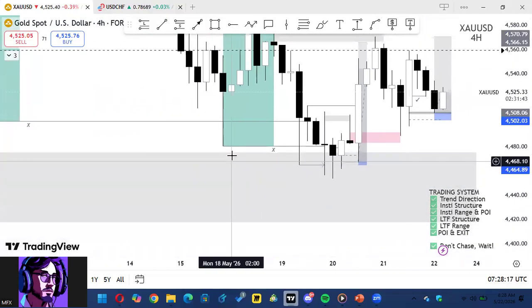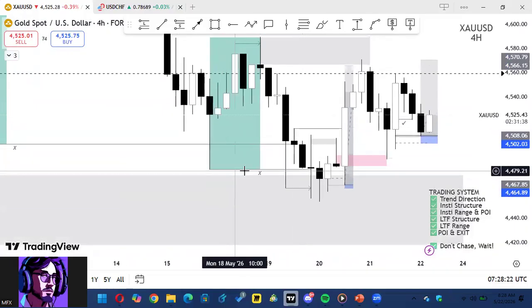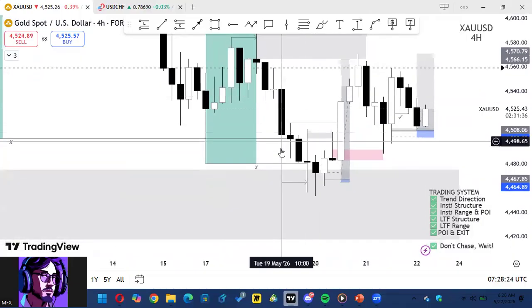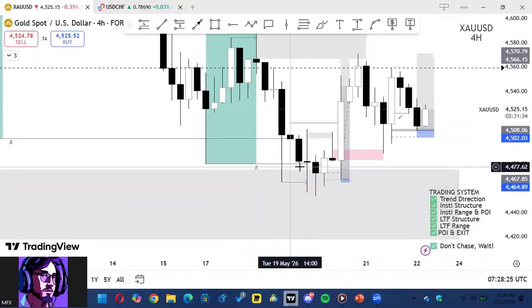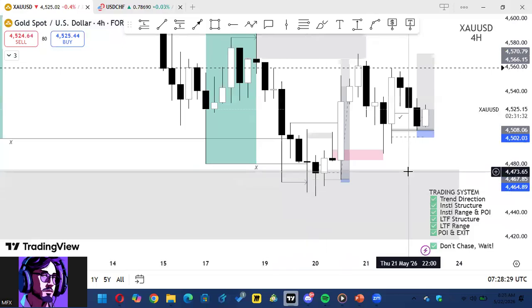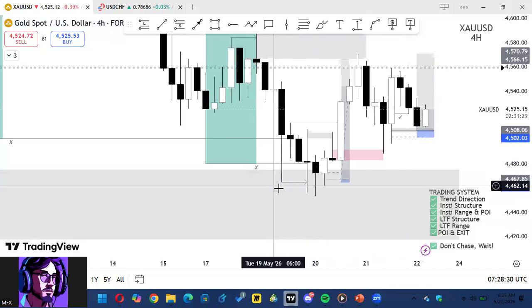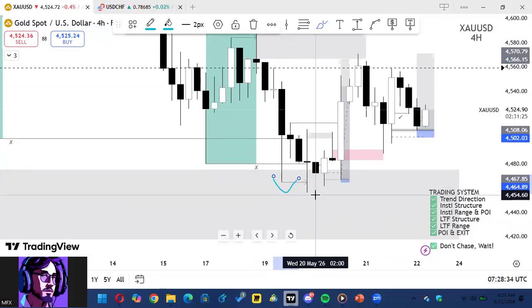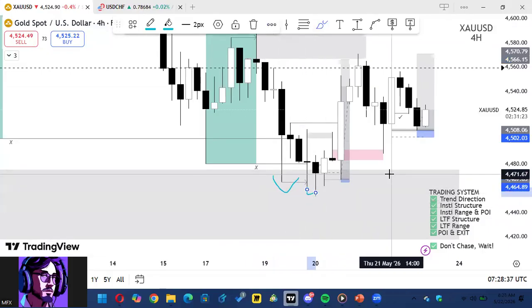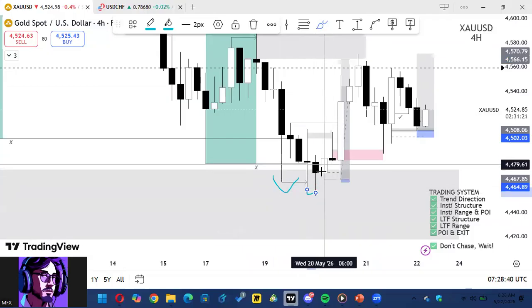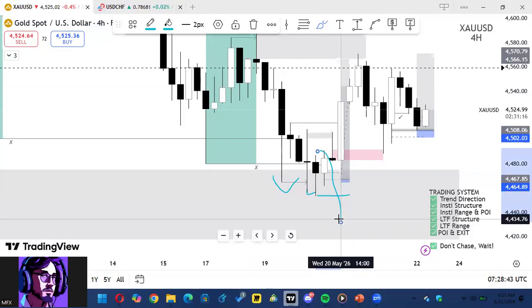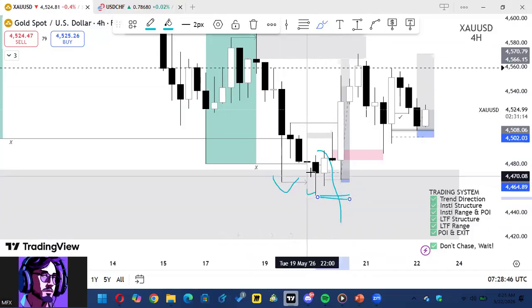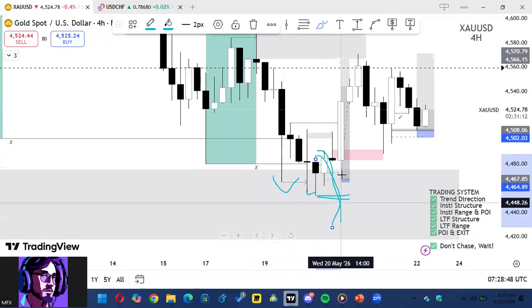Price absorbed this low, and there was no body close. It absorbed the liquidity gap again, with this liquidity, and failed to break structure lower with a body close.